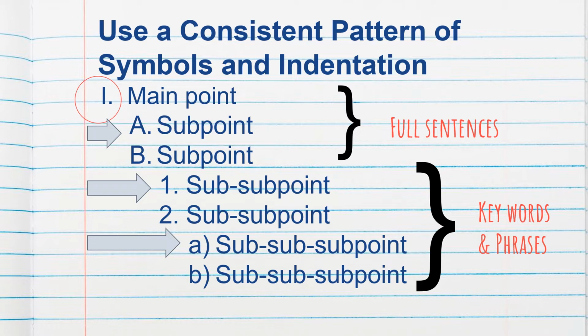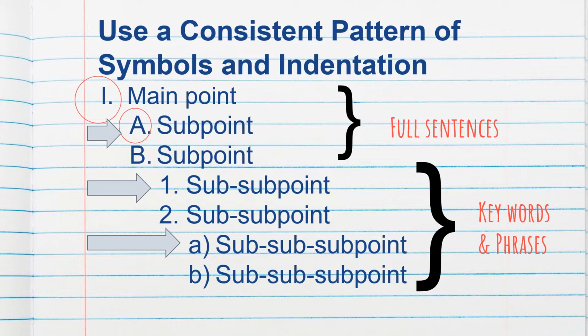So indent and then start your subpoints, which are supporting material. If you have material that supports your supporting material, you will indent again, start with Arabic numerals 1, 2, and 3, and create your subpoints. If you have supporting material for your subpoints, then you will indent one last time with lowercase letters, using this as the subpoint identification.